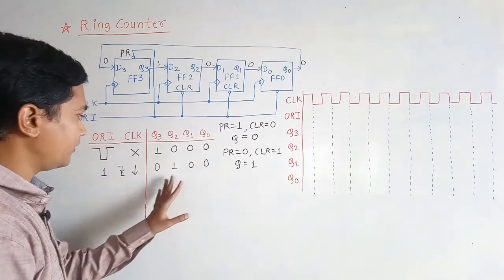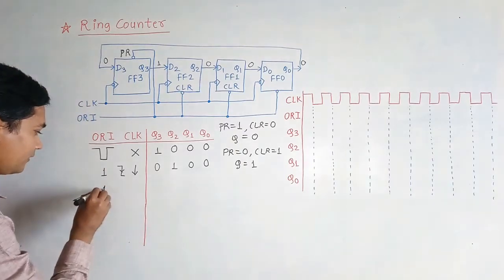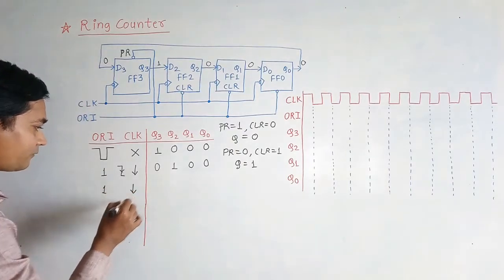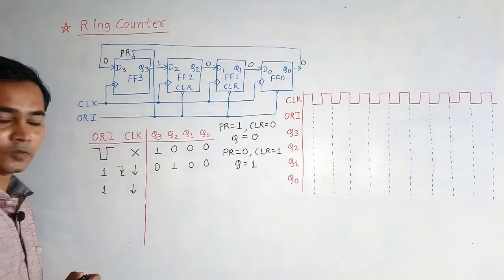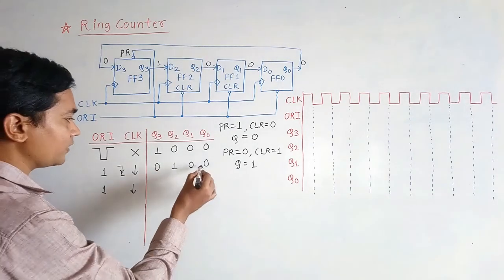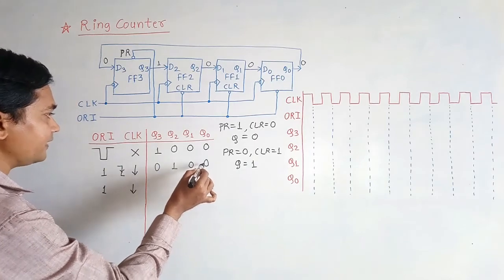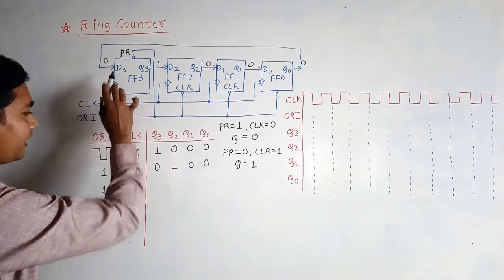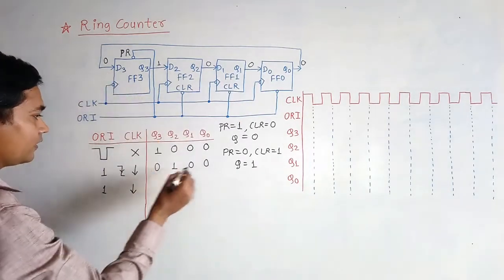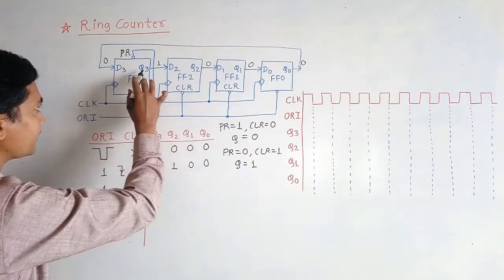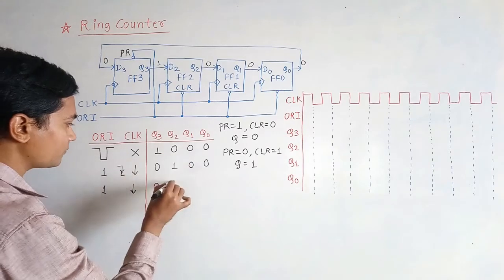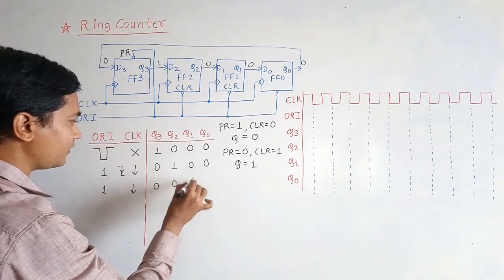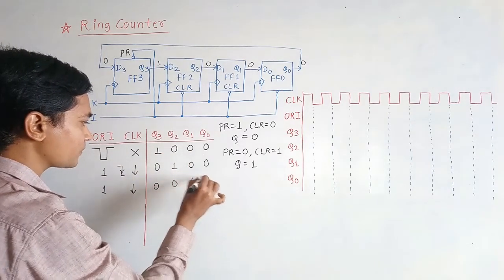Similarly, whenever we apply the next clock, that means a falling edge is applied to all the clock signals of the flip-flops, that time again this 0 is given as an input to D3, and this 0 will be shifted to Q3. So this 0 will be shifted to Q2, this 1 will be shifted to Q1, this 0 will be shifted to Q0.